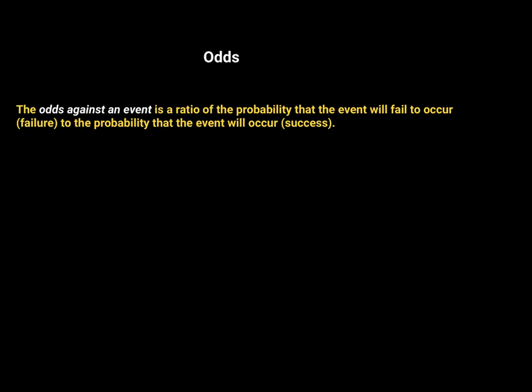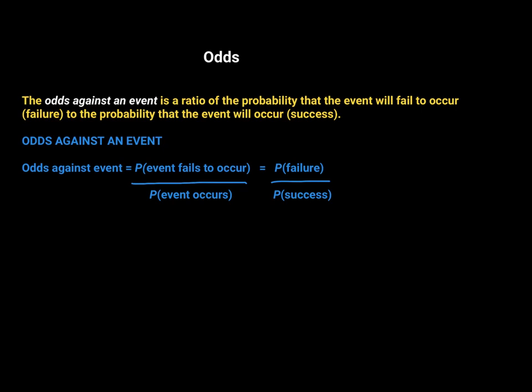Odds against winning. So the definition for us for odds against an event is it's a ratio. It's a ratio of failure to success. It's the ratio of the probability that the event will fail to the probability that the event will occur.